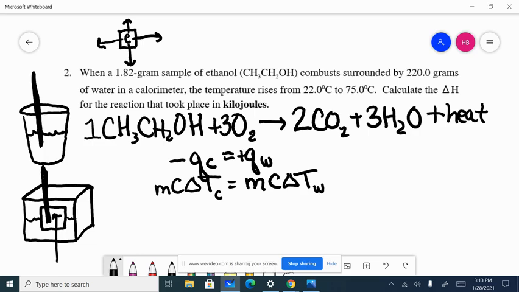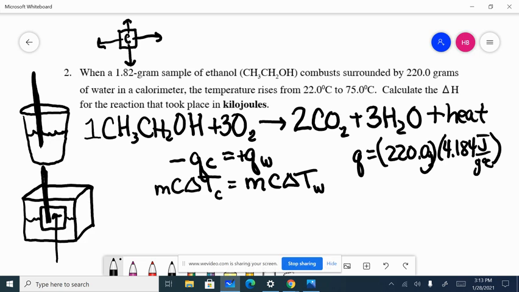We can say that the heat lost by the combustion is equal and opposite of the heat gained by the water. So in this case, Q is going to be the mass of water, 220. The specific heat of water, which is well known. And then the change in temperature of water.